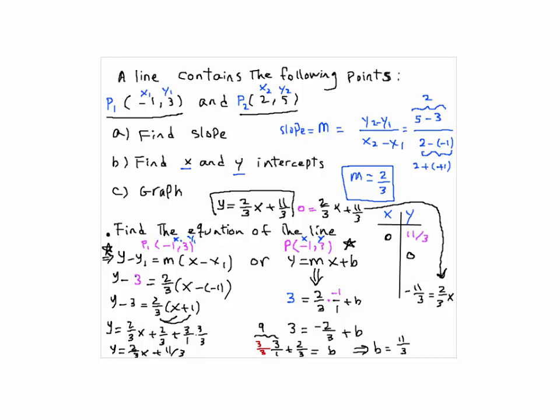That would be 3/2 times minus 11 over 3. That's your x. So it would be minus 11 over 2 when I reduce this. So these are your x and y intercepts.